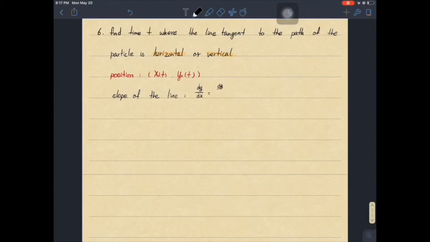So it is equal to the first derivative of the y component over the first derivative of the x component. So if the tangent line is horizontal, then the first derivative of the y component will be 0. And if it is vertical, the first derivative of the x component will be 0.